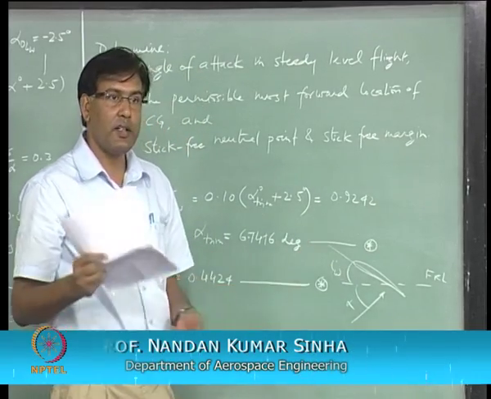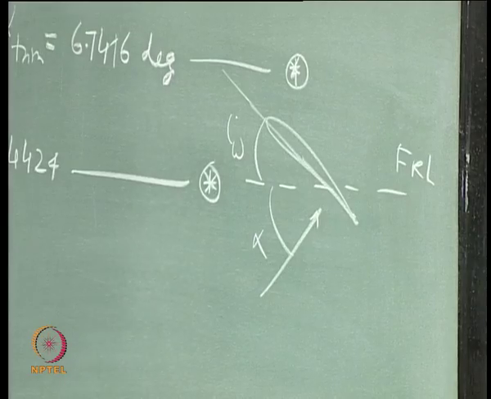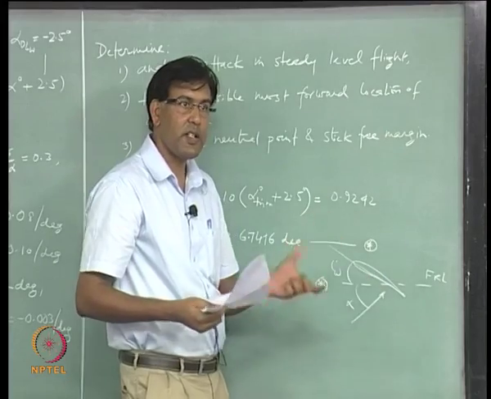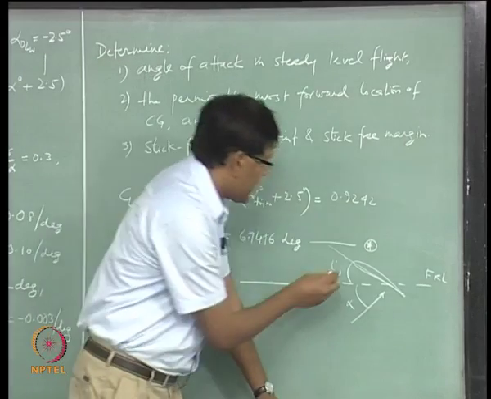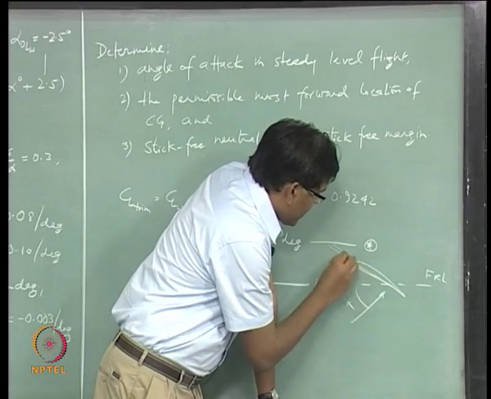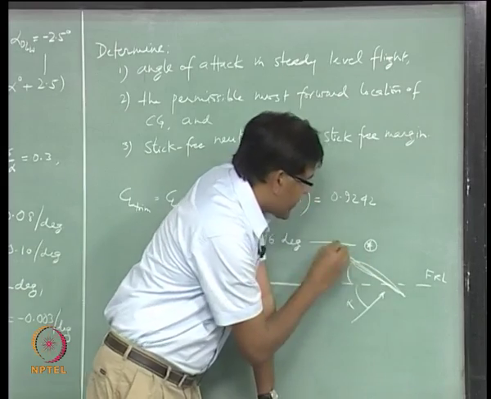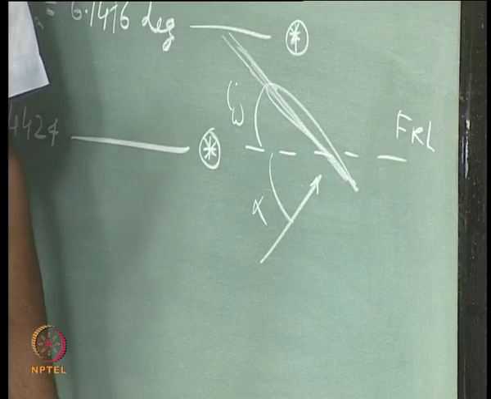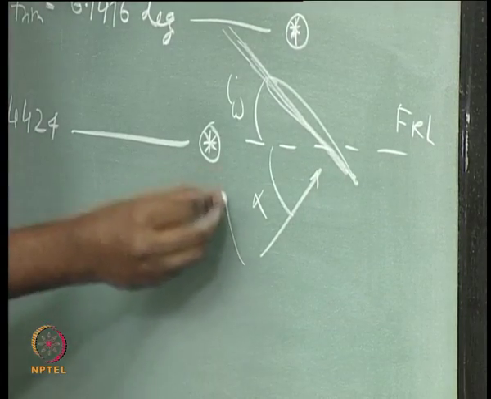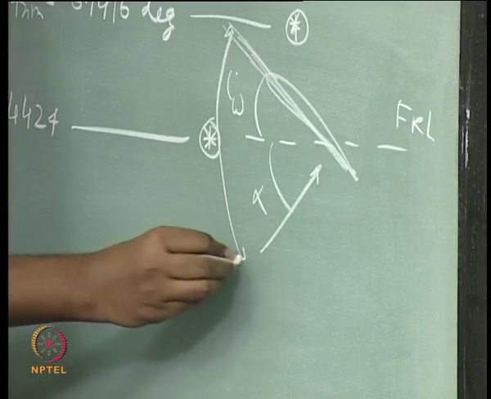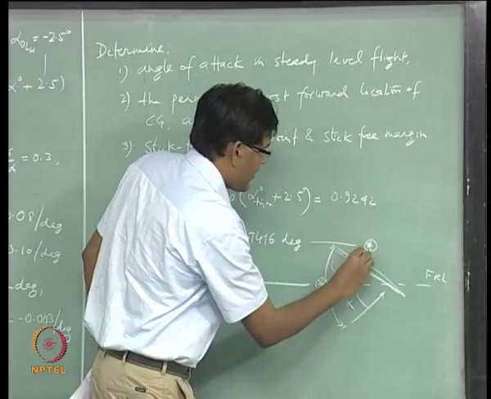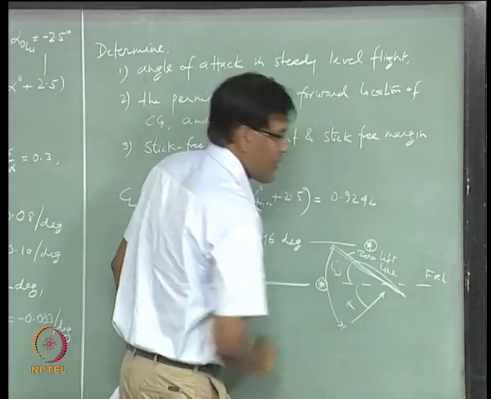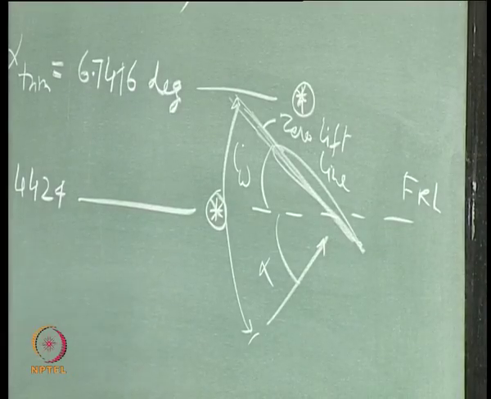There will be another angle associated with the line giving you the zero lift line, and that can be a different line than the chord. So, you have to account for that. So, the total angle of attack at the wing will be this.